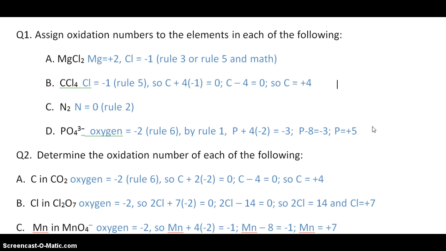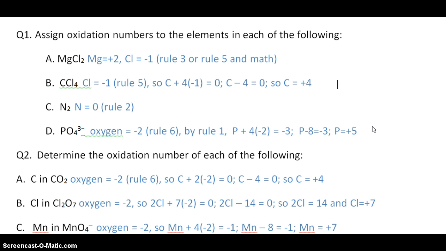Now, by rule 1, the oxidation number of carbon plus 4 times the oxidation number of chlorine, or -1, has to equal 0. It's a neutral compound. So you do the math and you find out the oxidation number of carbon minus 4 equals 0. So it's equal to +4. And we find that by adding 4 to both sides of the equation.